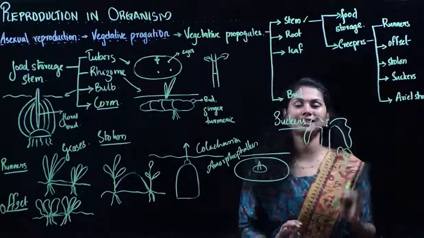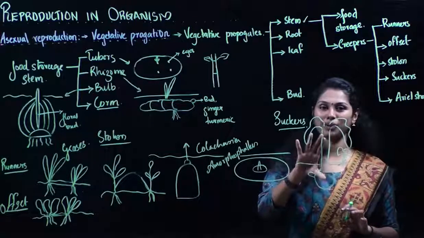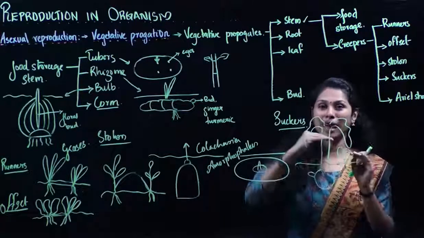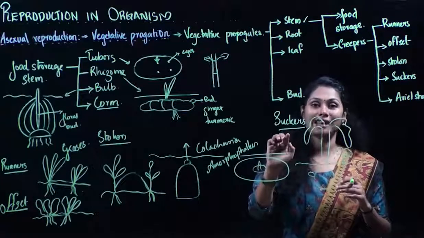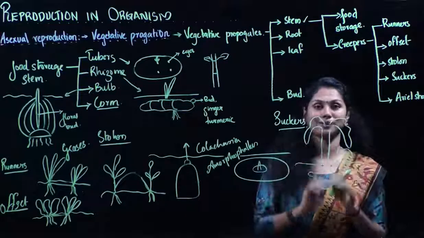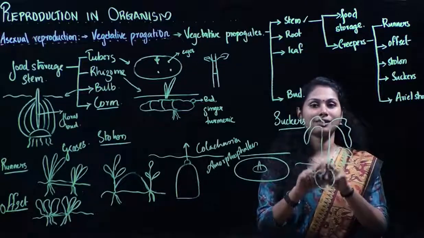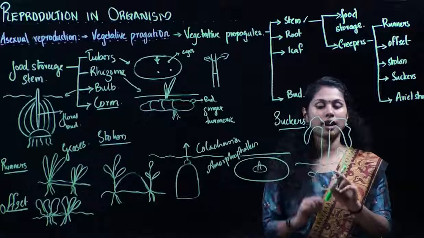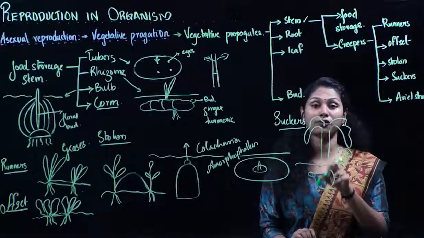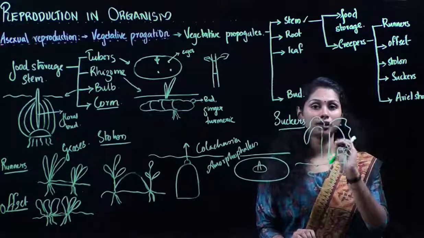That's why whenever we see a banana plant growing, there will be small plantlets surrounding the big banana plant, and these are examples of sucker stems. So suckers are modified stems seen underground, from which a lateral bud rises, and from the bud a new plant will grow.